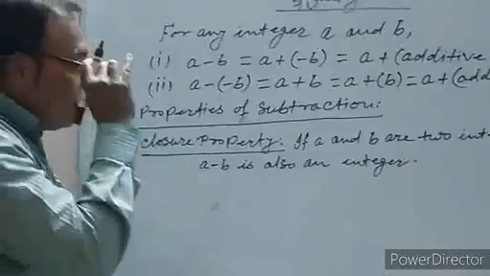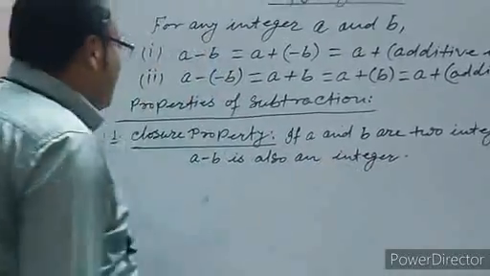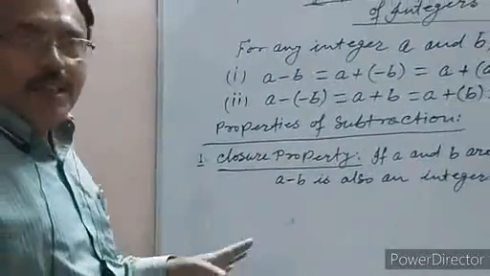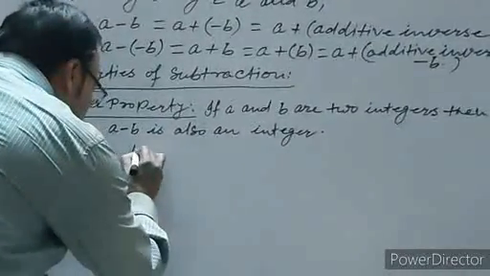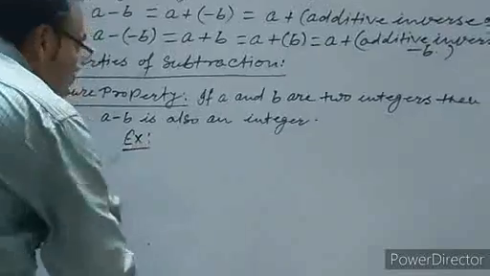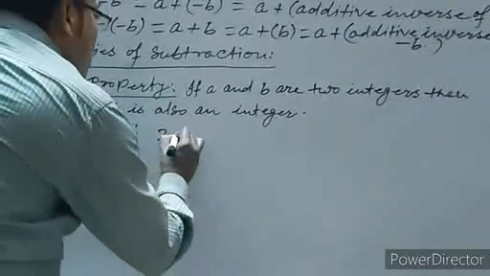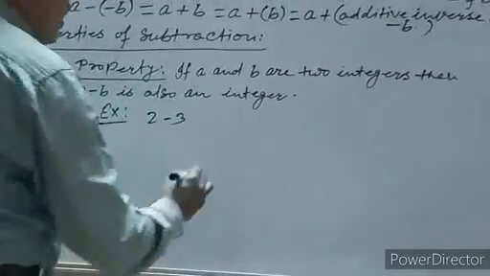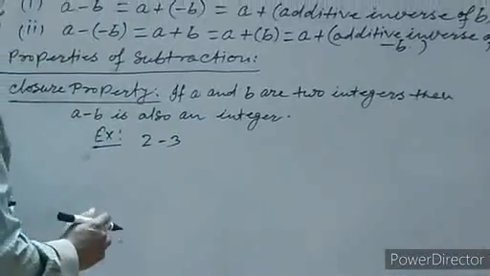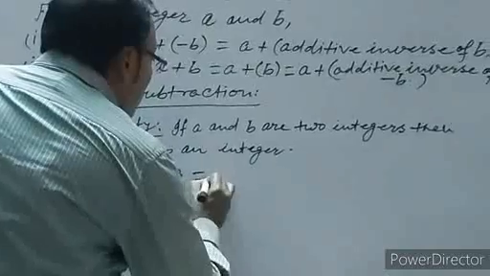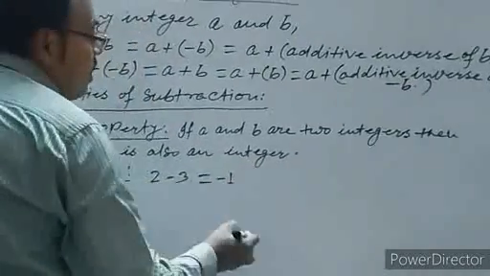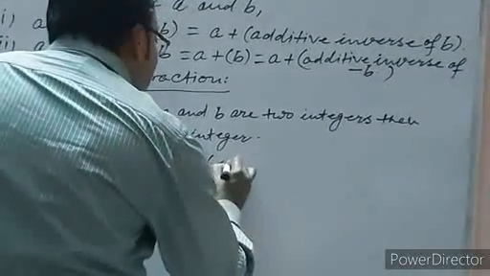Here we see that for subtraction, closure property is valid. How? Let us see through example. Suppose 2 minus 3. If we subtract 3 from 2, we get minus 1. Minus 1 is an integer.